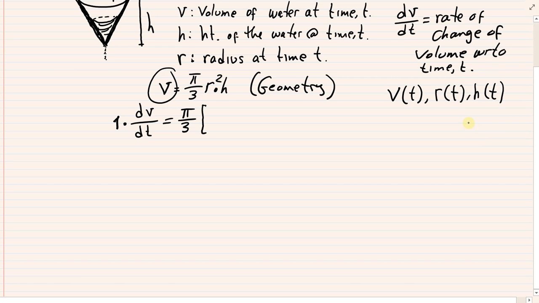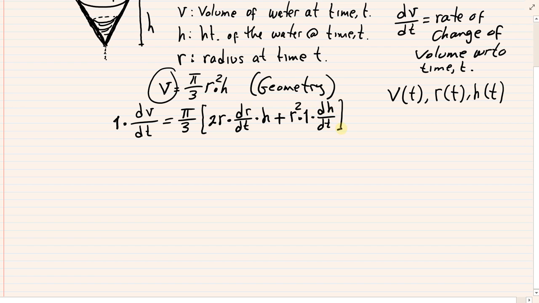The derivative of r squared is 2r, correct? But then because r is a function of t, we have dr/dt times h. That's just the derivative of the first times the second plus the first times the derivative of the second. The derivative of h is 1, and then of course we have dh/dt.